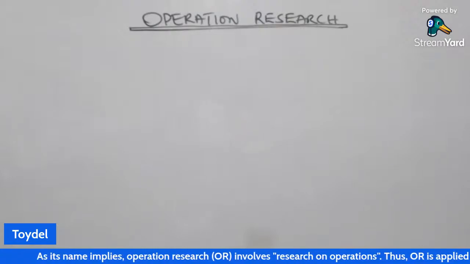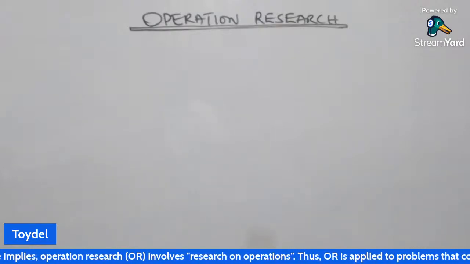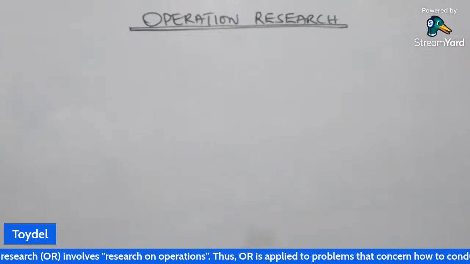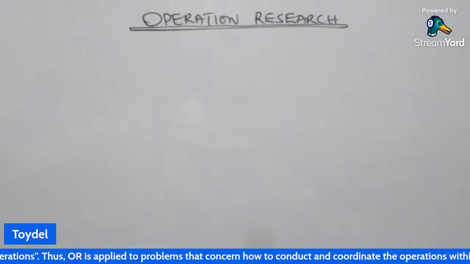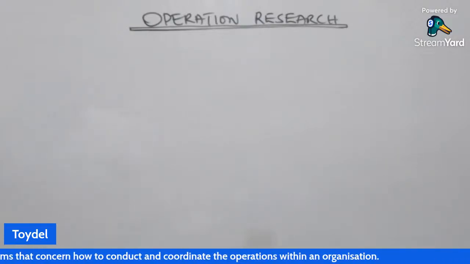So the British and the US military management called upon a large number of scientists to apply a scientific approach to dealing with this and other strategic and tactical problems.